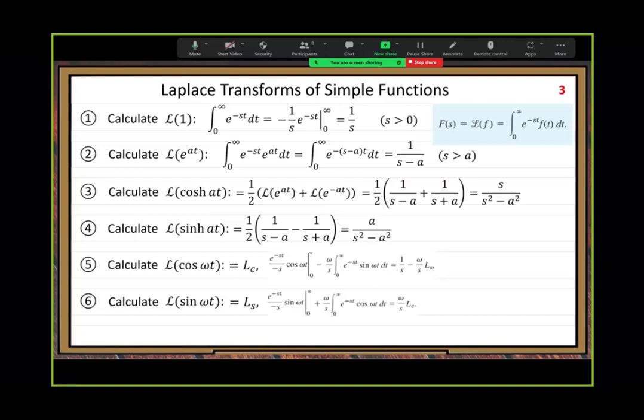Similarly, when you calculate LS, you need an LC expression to represent it. So you get a simple linear system. You need to solve both equations as a linear system to find the solutions, the LC and LS expressions.